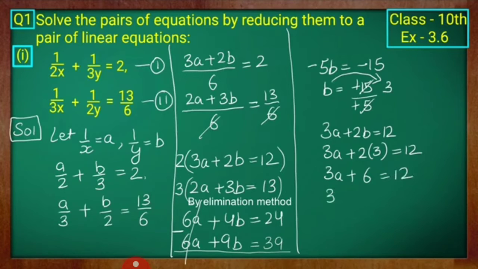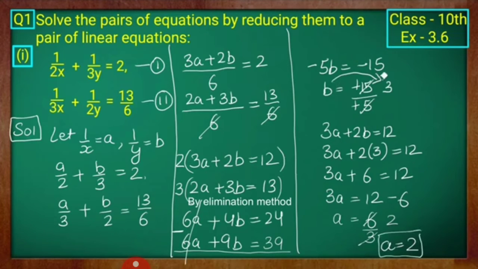Now transpose this 6 to the other side, 12 minus 6, so 3a is equal to 6. Then a will be 6 upon 3, reduce it, so a is equal to 2. We have two values, a is equal to 2 and b is equal to 3. Now we need to find the values of x and y.